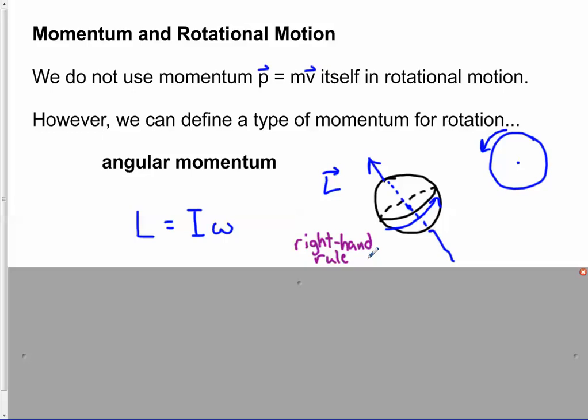Now arrange your right hand so that your fingers are curling in the way that this is rotating. And if you do that, now stick your thumb straight out off of your hand. Your thumb will point up this way, not down this way. And the right-hand rule is that L goes in the direction that your thumb points.